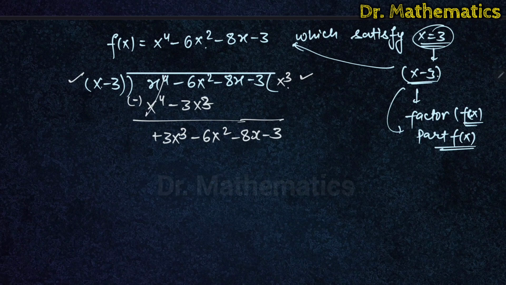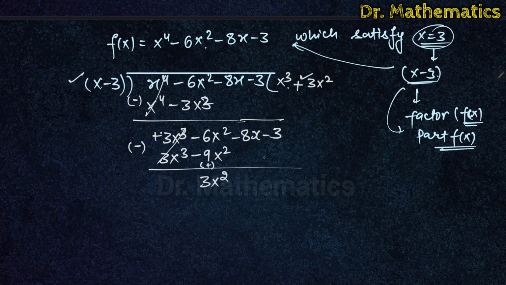Now again we divide. Plus 3x square. So it will come 3x cube minus 9x square. Very good. This will cancel out. Minus minus becomes plus, so 9 minus 6 is 3x square.